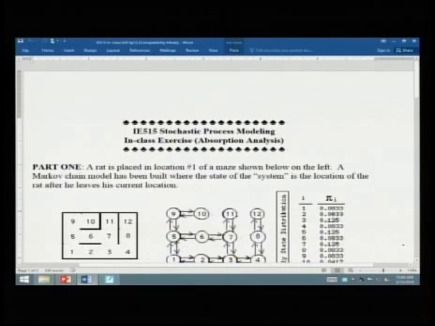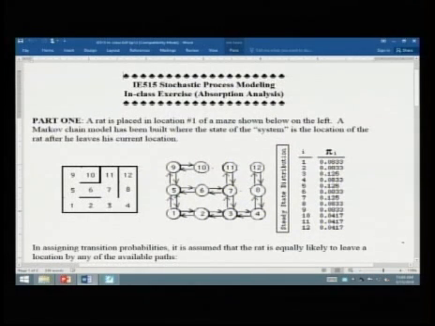Okay, so this is the example in-class exercise problem that you are going to consider. And I'm going to also post another problem set for the absorption analysis, with a solution later on our Canvas website.